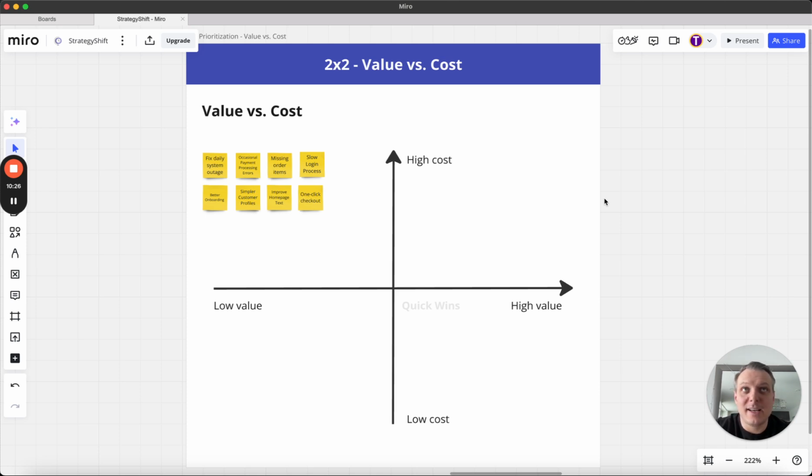In this case, we want to think about the cost of the solution, how much does it cost, and the value that it'll provide to the business, to the customer, whatever it may be. So you always want to look for low cost, high value solutions in this case. And when you prioritize, you can use the same process: line up your solutions according to cost, and then move them around according to value, and then focus on the quick wins.